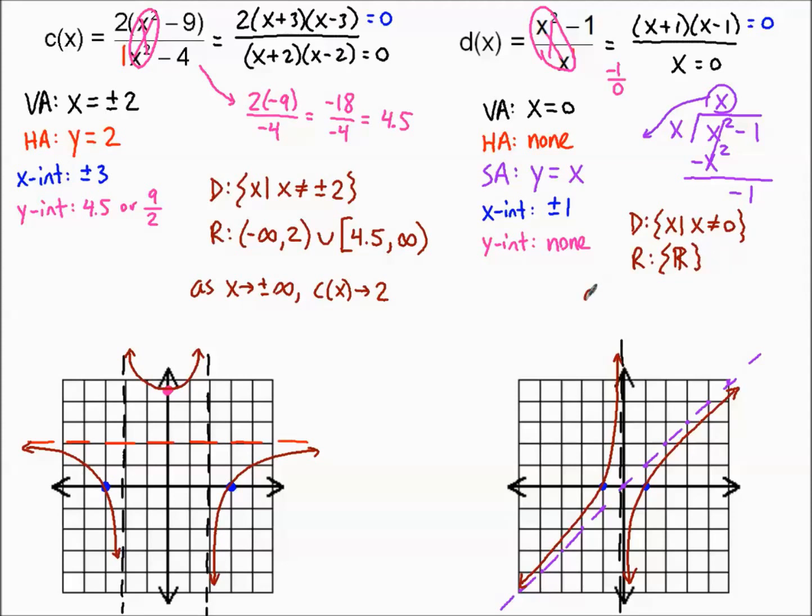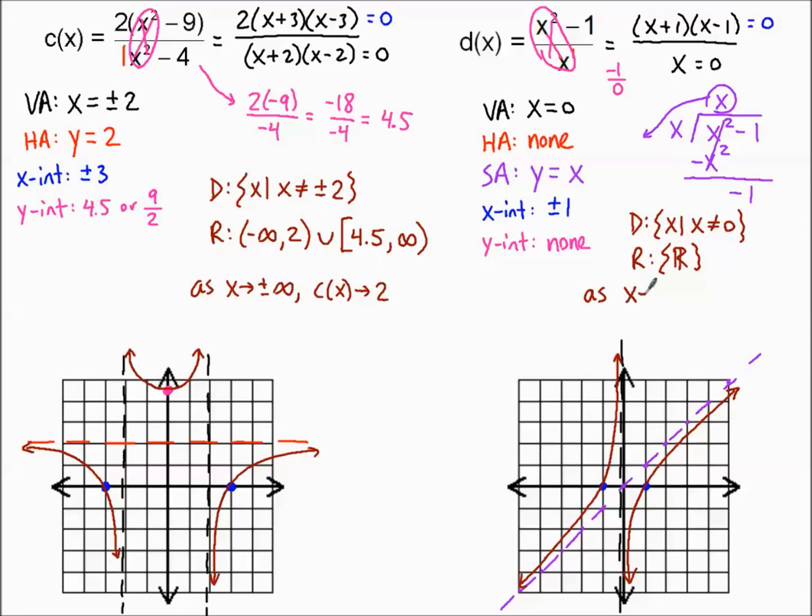This time our end behavior is different. Since we do not have a horizontal asymptote, our function is not going to be approaching a horizontal value, a line, a value. It's actually going to be increasing forever on the right end, and it's not doing the same thing on the left end, so I do have to describe it as two separate statements.